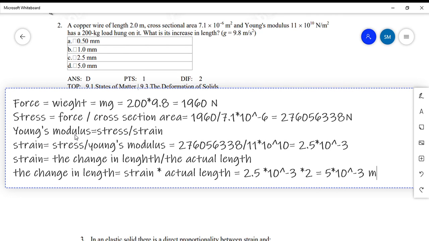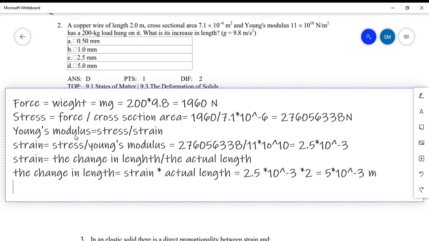This is the result, but in the choices he doesn't give us the answer in meters. All the choices are in millimeters, so we have to convert it from meter to millimeter. How can we do this? We just have to multiply our result in meters by 1000, or 10 power 3.